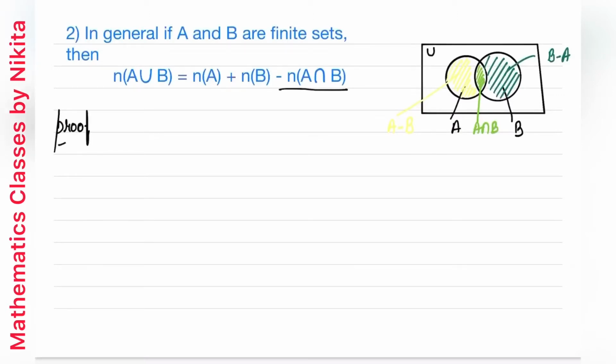So again A and B, what is given? A and B are finite sets. So we will start the proof from the Venn diagram.